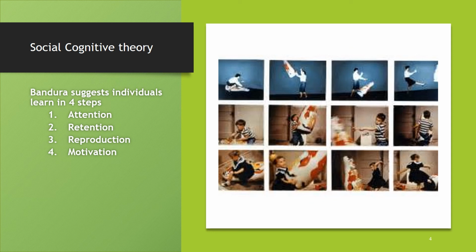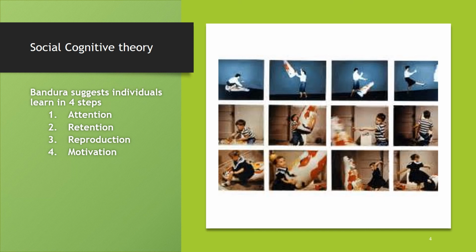Why? Well, it's basically down to four important steps that relate to this behavior. The first one is that the children were sitting there watching with interest and attention to this model. They were mesmerized, so to speak, by the way this adult was engaging in activity with a toy.